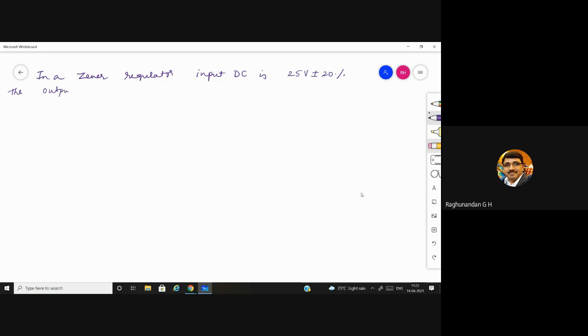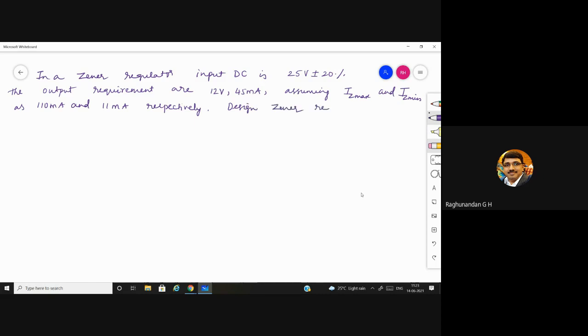The output requirements are 12 volt, 45 milliamps, assuming Iz max and Iz min as 110 milliamps and 11 milliamps respectively. Design the Zener regulator.